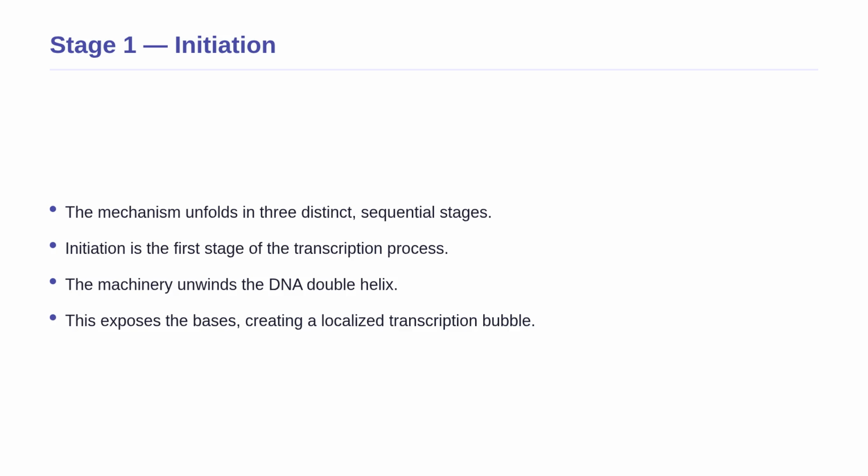With the machinery assembled at the promoter, the actual mechanism unfolds in three distinct sequential stages. The very first stage is called initiation. During initiation, the RNA polymerase and its associated factors go to work on the DNA double helix.